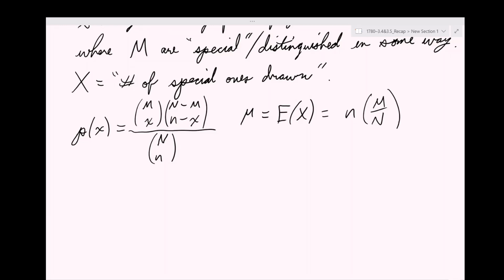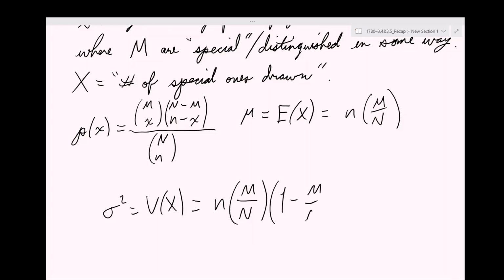And then for the variance, something a little bit different happens. It looks like npq at first, like it was for the binomial. So we have n, but now our p is this big M over N, and then my q is 1 minus that. And then we have this bit of fudginess, this weird extra fraction that comes in, which looks like big N minus little n, divided by big N minus 1.